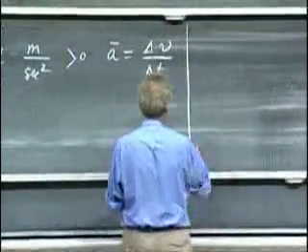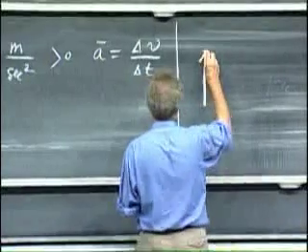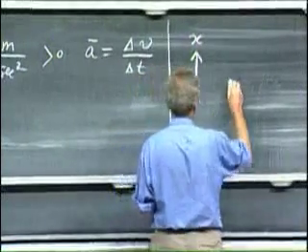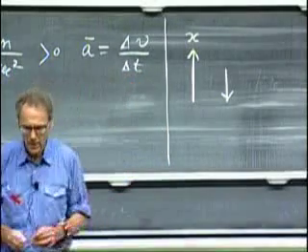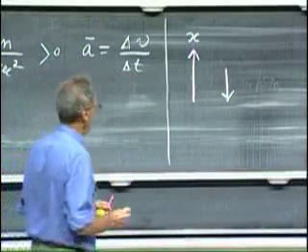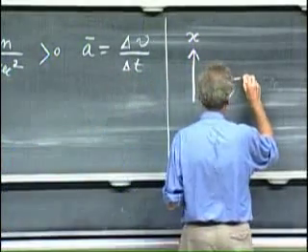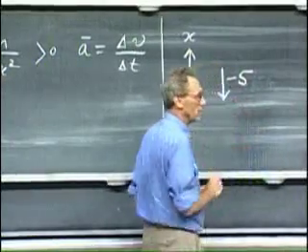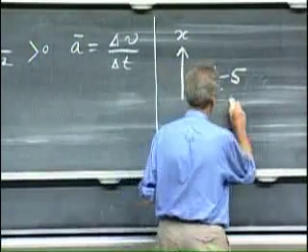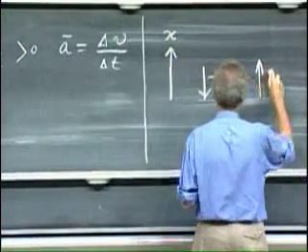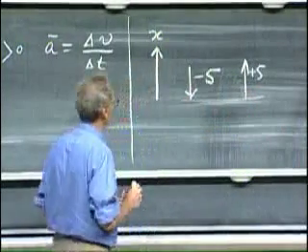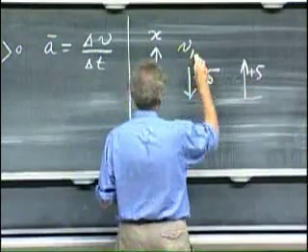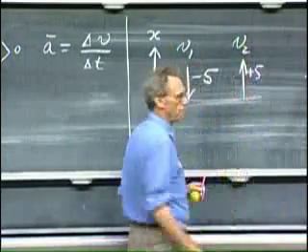I will choose this to be my increasing value of x, so it hits the floor like this. That means the velocity at which it hits the floor is minus 5 meters per second. It bounces off, and there it comes, and it goes up with plus 5 meters per second. I call this v1, and I call this v2.